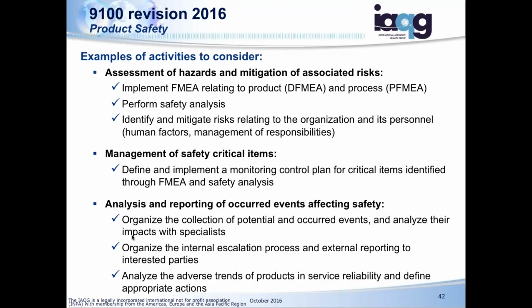How am I going to manage my safety items? Notice safety critical items. We introduced the concept of critical items to denote some items are more important than others. So obviously, if you have critical items, that should be part of how you deal with product safety as well.